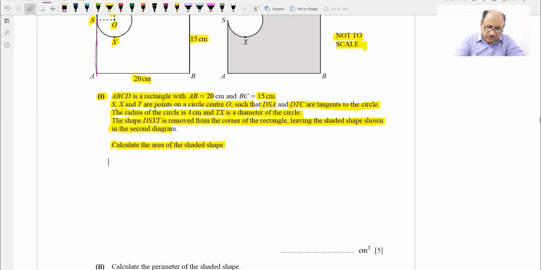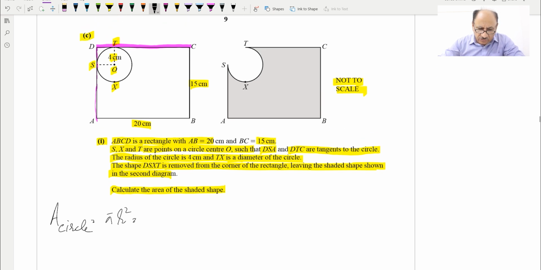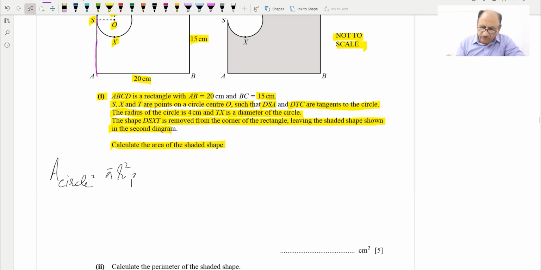Area of circle will be equal to pi r square, and the radius is 4 centimeter, so we can write pi into 4 square, which is equal to 16 pi. So this will be the area of the circle.